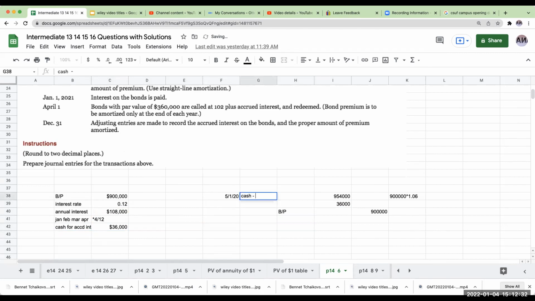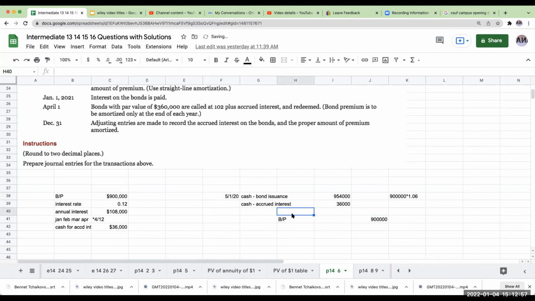So we're going to call this cash for the bond issuance, and this is going to be cash for the accrued interest. The solution in the textbook is showing the full amount of 990,000.